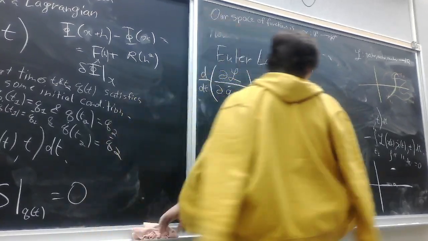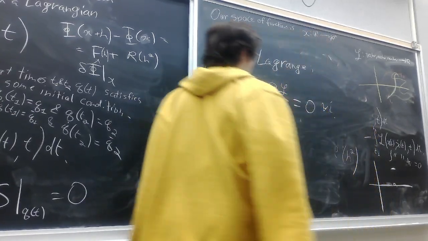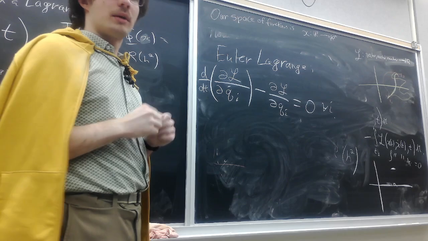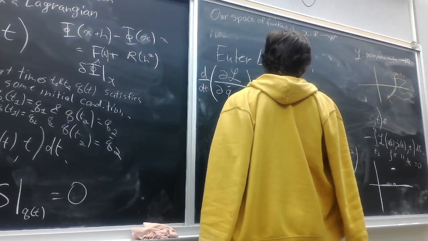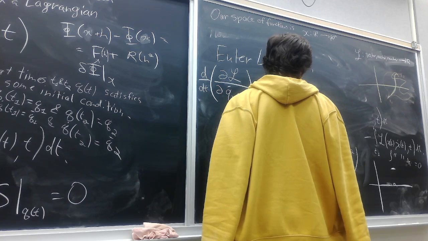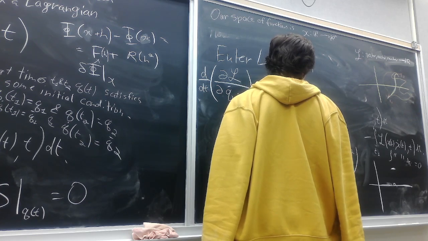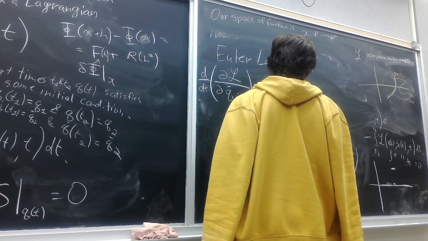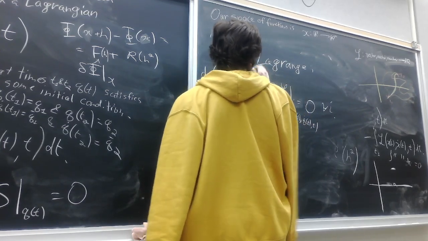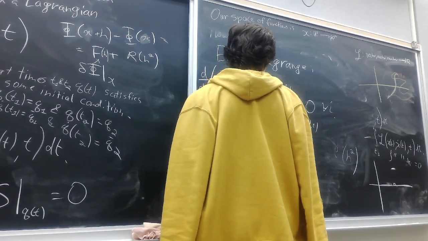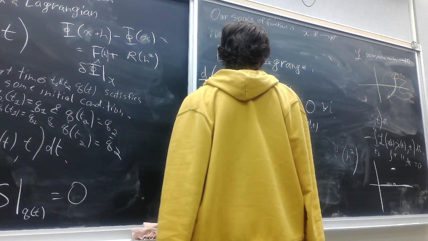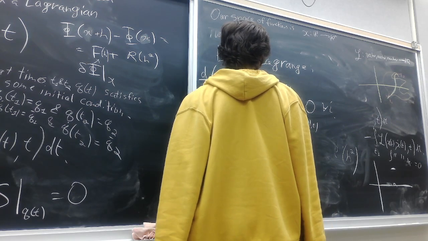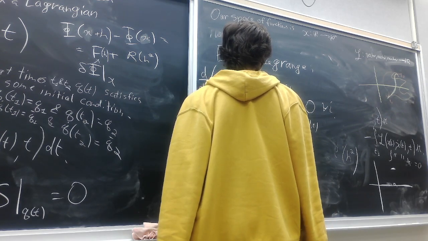And this has to be true for all of my generalized coordinates. And of course I'm evaluating all of these derivatives at q of t, q dot of t, and t.